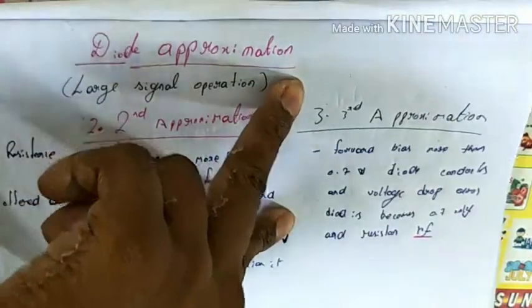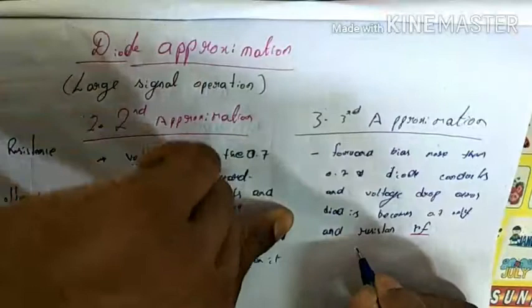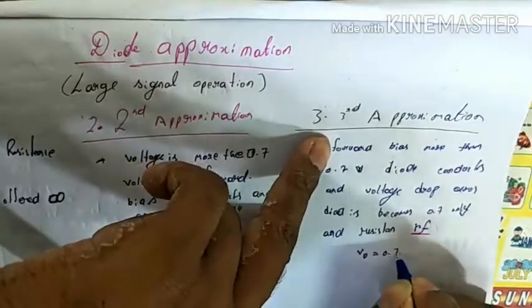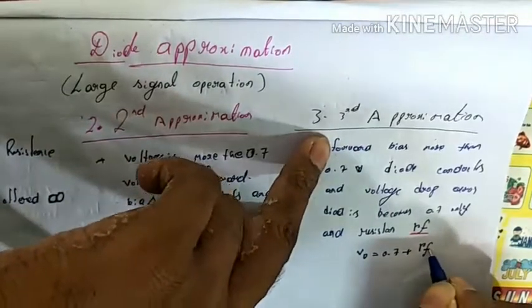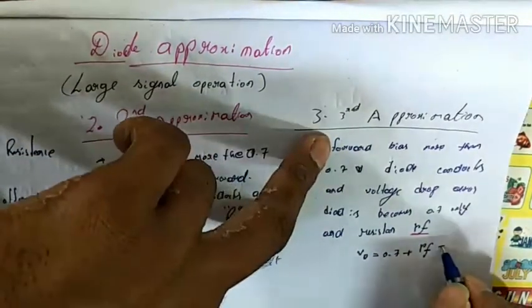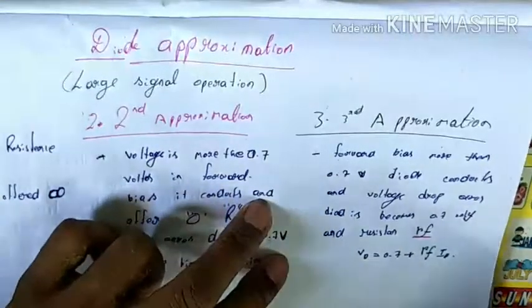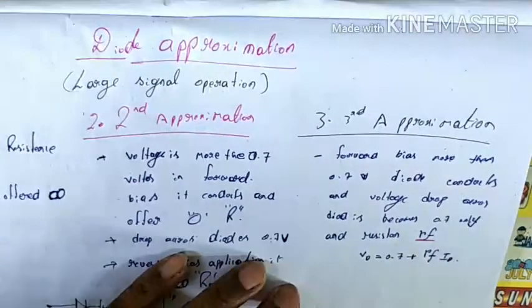This is the forward resistance, and the VD equation is VD equals 0.7 volts plus forward resistance times the current through the diode. The characteristics and equivalent circuit of this diode are here.